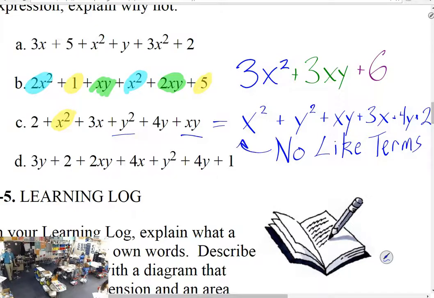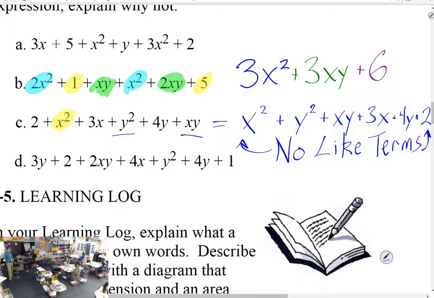This happens because there are no like terms. So this expression is the same as that expression because we just moved tiles. We didn't really make any groups. We just moved where they were. The groups were already made. I already had my 3 x's together. I already had my 4 y's together. All the groups were made. We just put them in a different order.